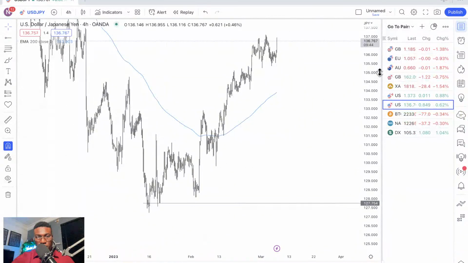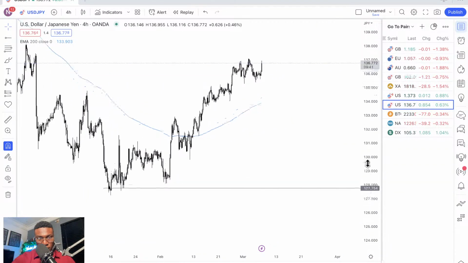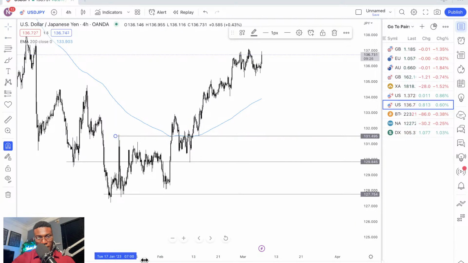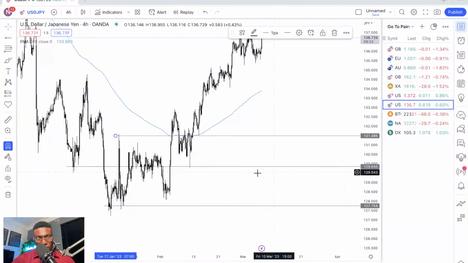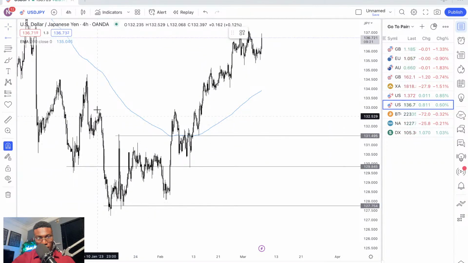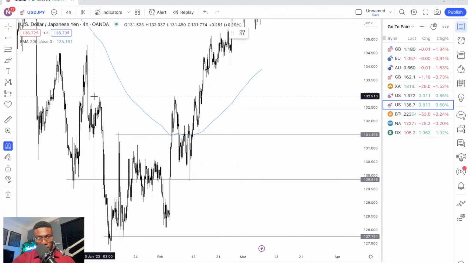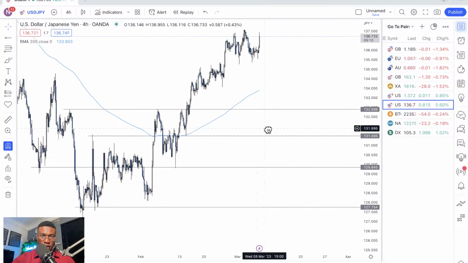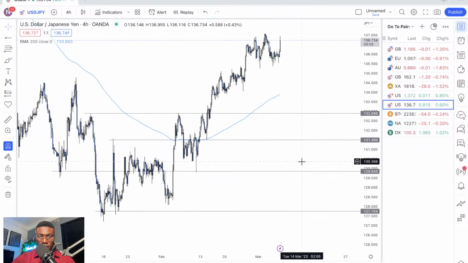We have another one here. We have another key level here. I'm going to pick this up a little bit. So we have another one here. So what I'm basically doing is I'm trying to identify the key levels, major or minor.